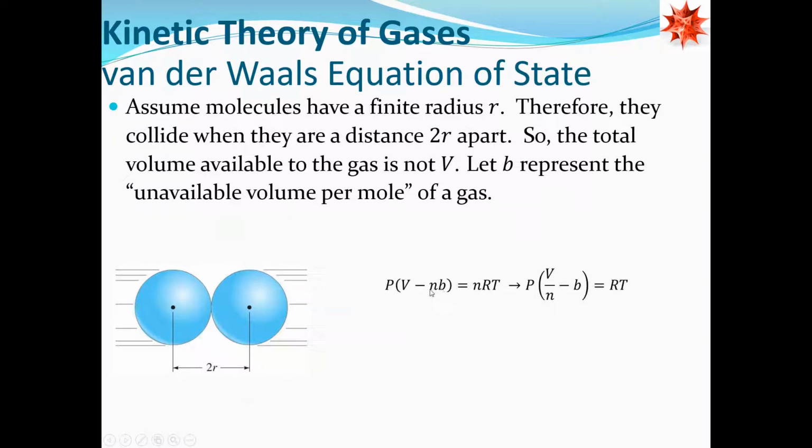So we call that nb, for the number of moles times the amount of volume that's not possible per mole. Now this one is at least easy to find. We could just figure out how many molecules are in there and the size of each molecule.